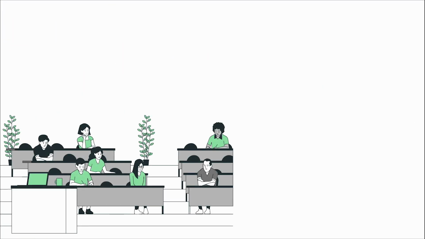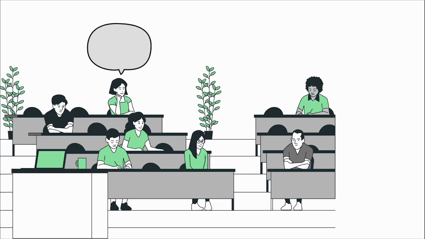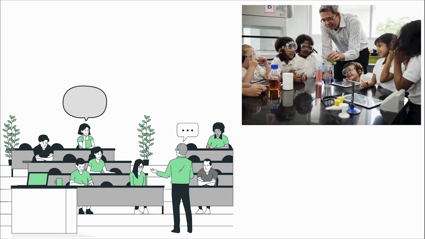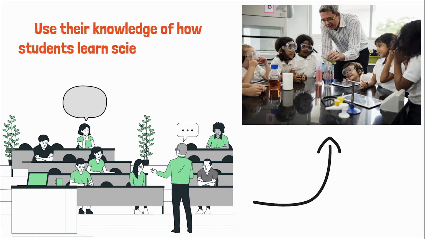Throughout the process of inquiry-based instruction, teachers should guide and focus student activities, use their knowledge of their students to inform instructional decisions, encourage student learning, and use their knowledge of how students learn science concepts.